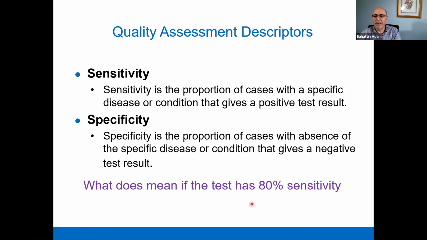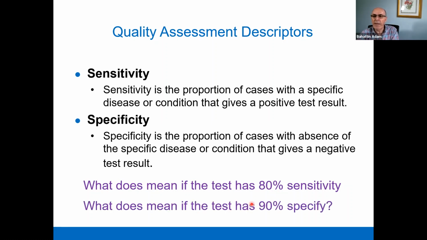Now, if you are testing in a patient population for a certain disease, and your test is positive in 80% of the patient group, then the sensitivity of your test will be 80%.